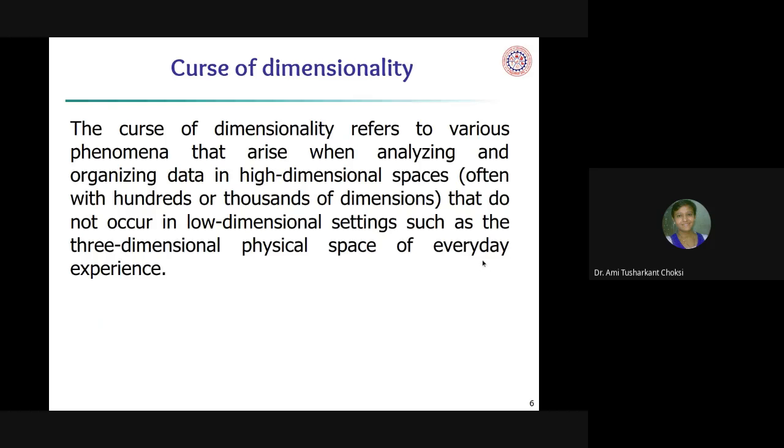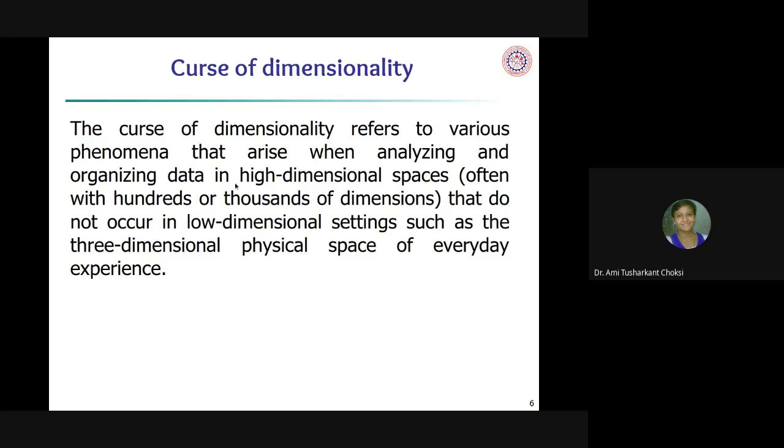So, what is the curse of dimensionality? Let us see that. The curse of dimensionality refers to various phenomena that arise when analyzing and organizing data in high dimensional spaces that do not occur in low dimensional settings, such as the three-dimensional physical space of everyday experience.